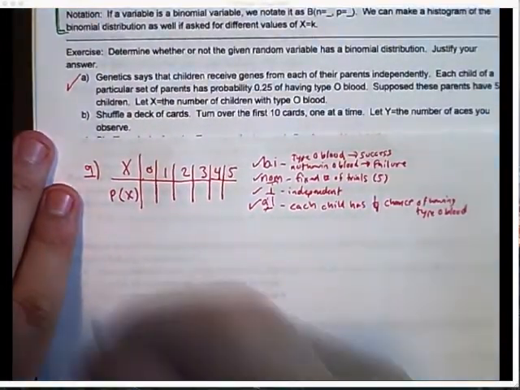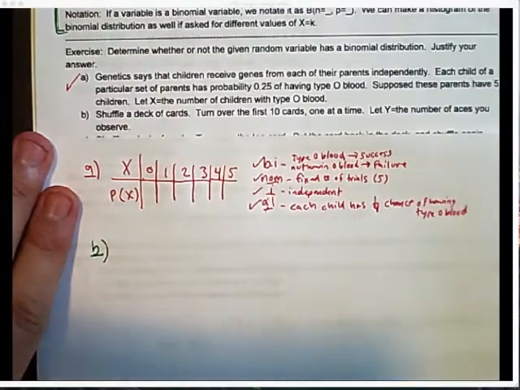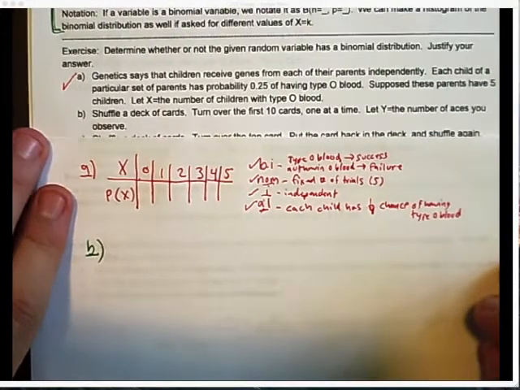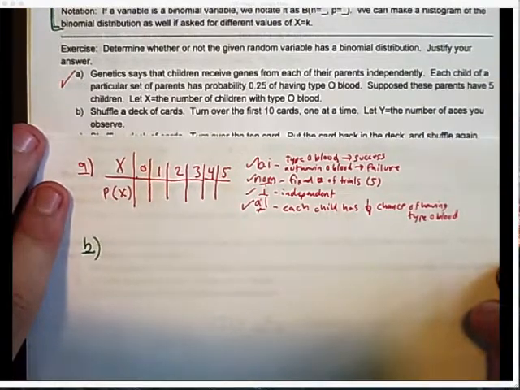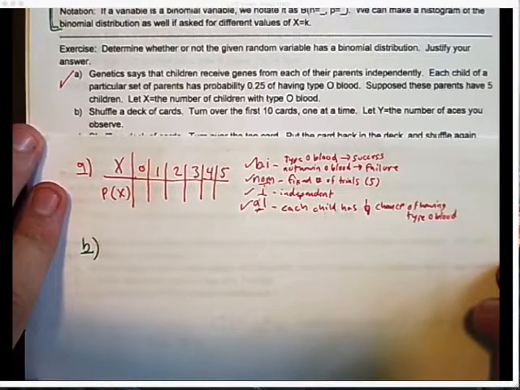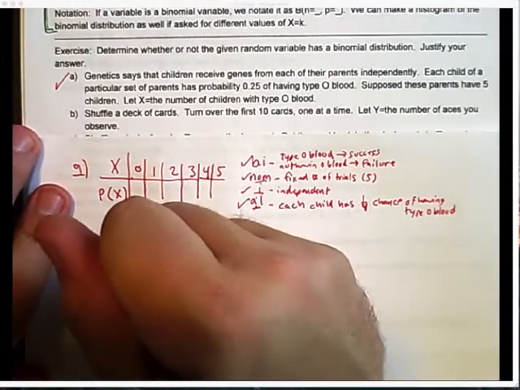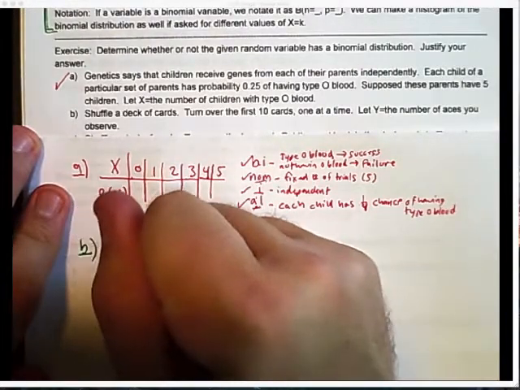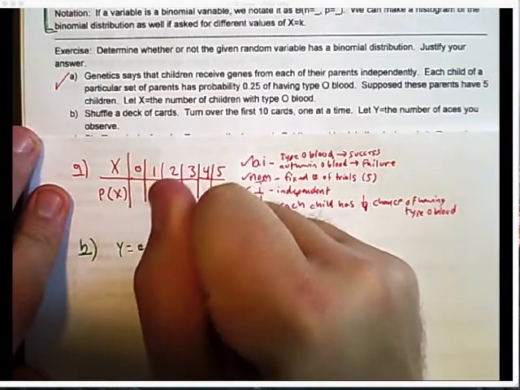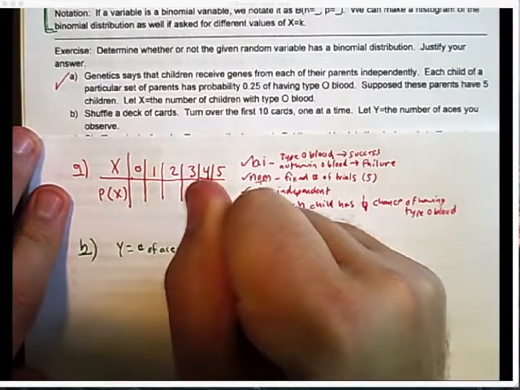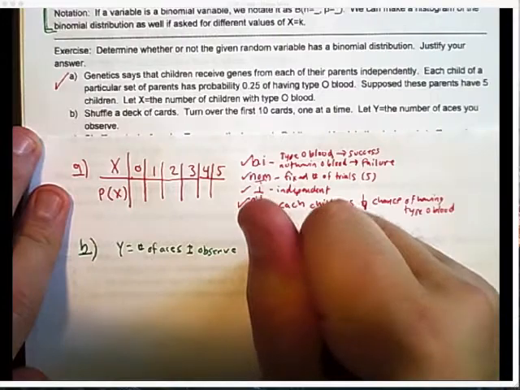All right, so let's do part B. It says shuffle a deck of cards. Turn over the first 10 cards, one at a time. Let Y equal the number of aces you observe. So let's think about our conditions here.